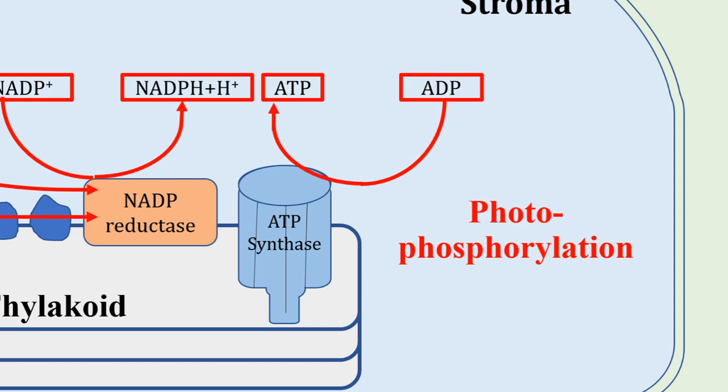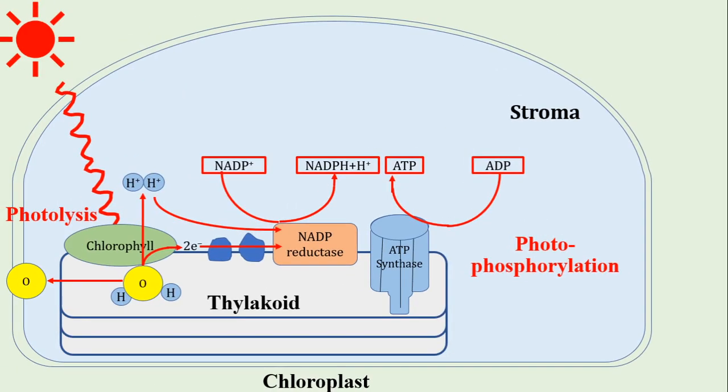Photophosphorylation is the process of adding a phosphate group with adenosine diphosphate to produce adenosine triphosphate using the light energy from the sun. So these two, photolysis, photophosphorylation and production of NADPH, these are the three important chemical reactions that take place during the light dependent phase.